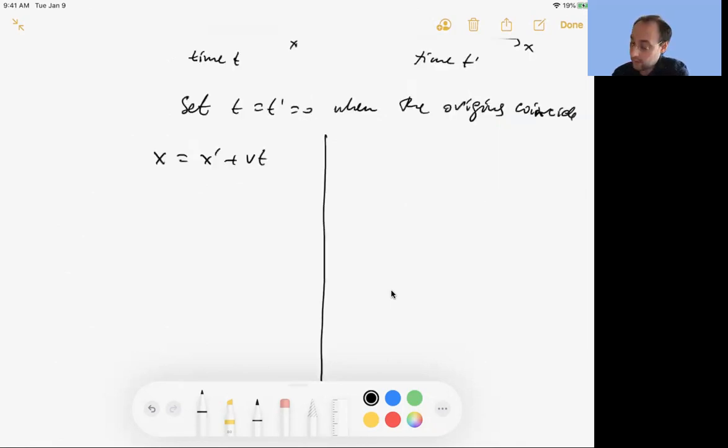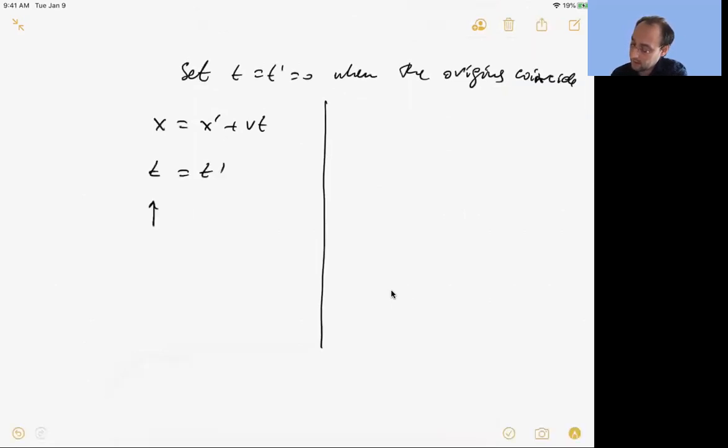And we didn't bother with time, but we can also say t equals t prime. It's obvious, it's redundant, it doesn't do anything. But this is also nice because it relates coordinates and times in frame S to coordinates and times in frame S prime.